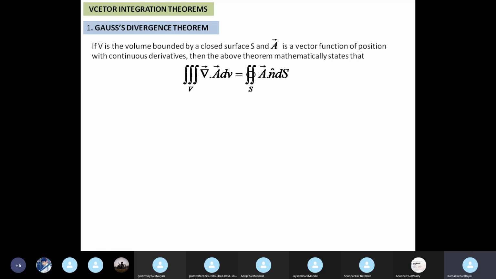If you look closely, please notice that the surface integral is a closed surface integral. So this is applicable only to a volume which is enclosed by a closed surface. You cannot apply Gauss's divergence theorem to an open surface.